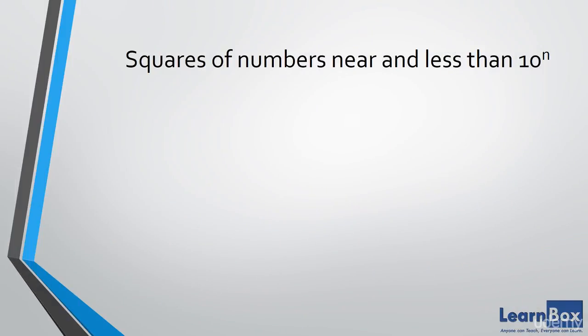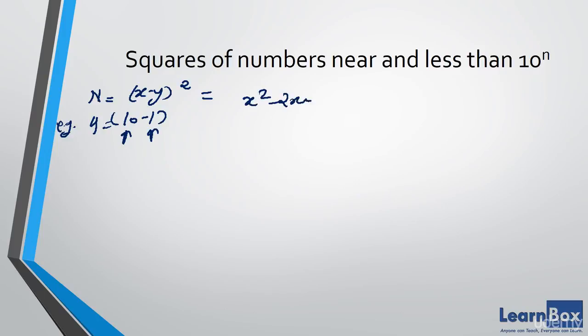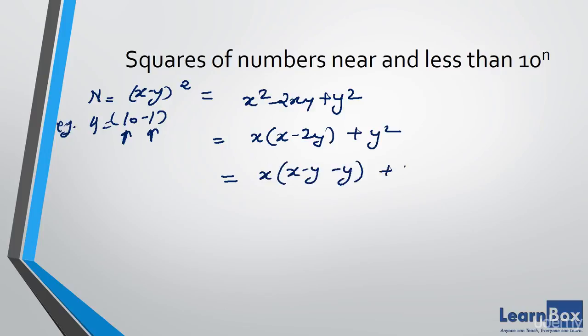Now let's try to prove how this method is working. So any number n which is near to a base can be written as x minus y. For example, we can write 9 as 10 minus 1, where 10 is the base and 1 is the deficit. So (x minus y) square is equal to x square minus 2xy plus y square, which becomes x into (x minus 2y) plus y square, which again can be written as x into (x minus y) minus y plus y square.